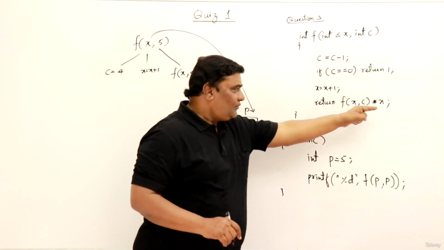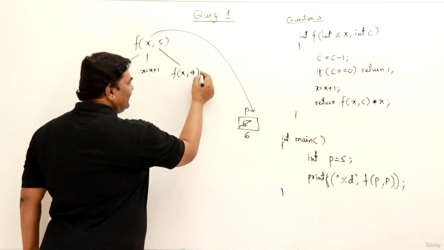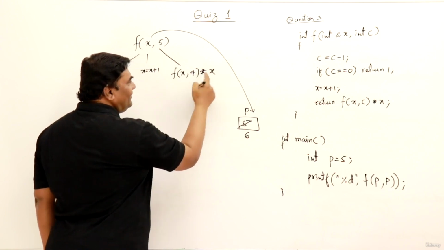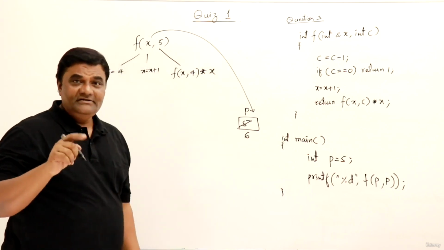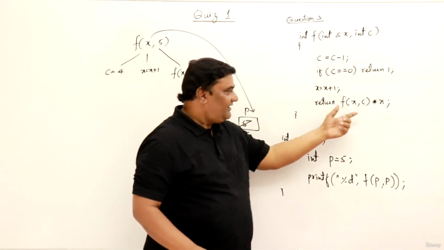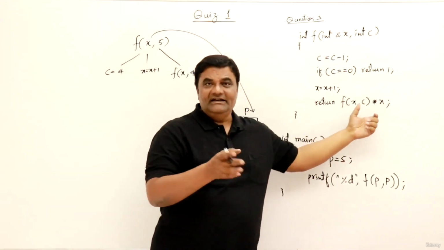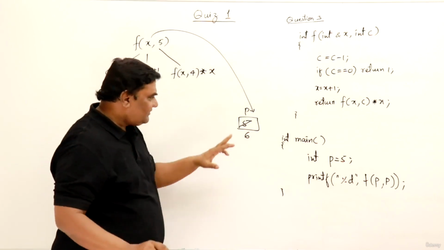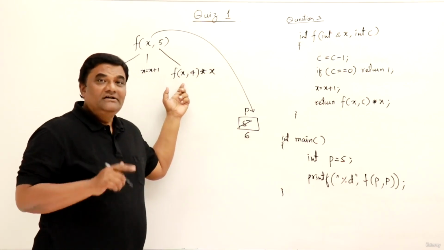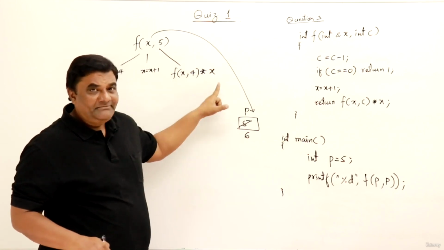Okay. Then into x is there. So I will keep it as it is. I will not take the value and multiply because it will not be multiplied right now. When the multiplication will be done, it will be done at returning time. Because this is done after getting the value, then you can multiply. Otherwise, if you want to multiply now, right now x is how much? 6. 6 into what? What will you multiply? So first of all, this value should be there, then it can be multiplied.